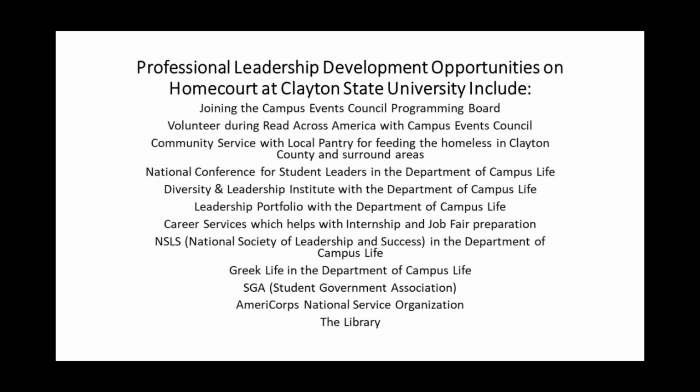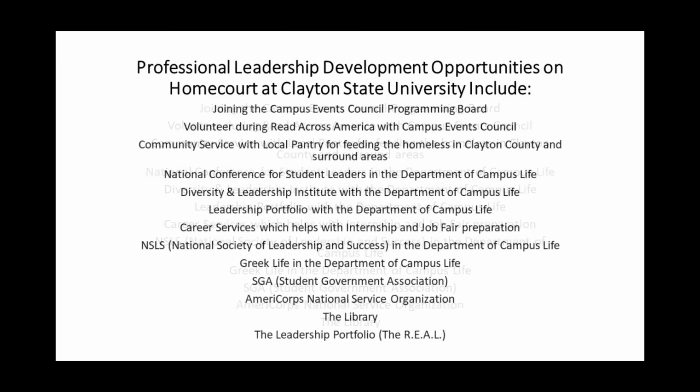And then one thing that I want to make a point about is the library is a huge resource for professional development. I think a lot of people sleep on the library, but I just want to point out that if you go to the library, there's opportunities to see when upcoming workshops and events are going to take place. There is an opportunity to order books that you may not be able to purchase at some point in time, that the library can get for you from other libraries for free, that may assist you with your leadership development.